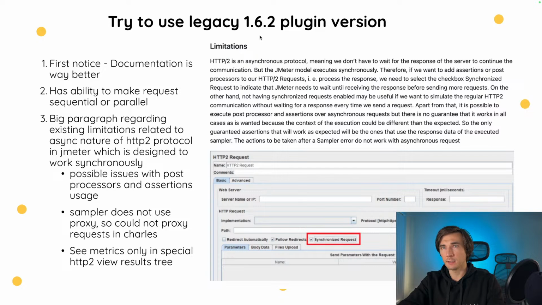For the legacy plugin, it is processed asynchronously, so async requests are sent. That's actually what you need for HTTP2. But the problem is that the JMeter nature itself is synchronous. JMeter expects requests to be executed sequentially, one by one, and that's how the JMeter engine actually works.